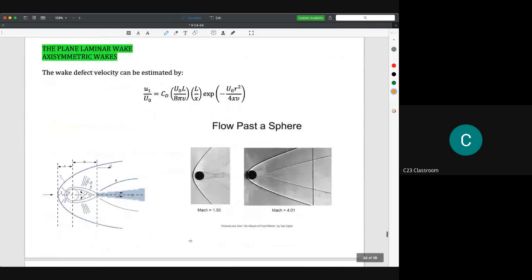For example, when we want to discuss another type of wake, which occurs in axisymmetric flow, we need to use another equation. The equation is a little different in these terms, because it doesn't have any Reynolds number.